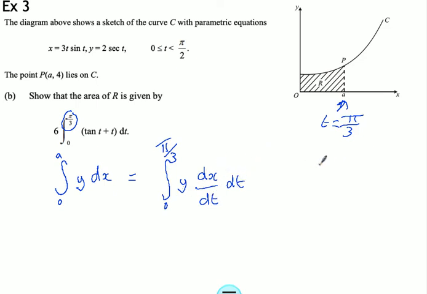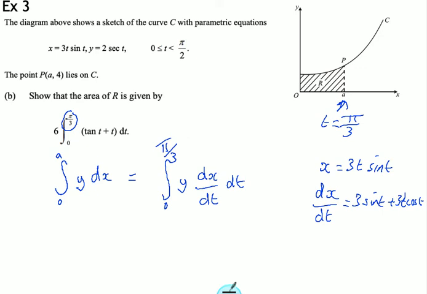So if we take x is 3t sine t, we can work out dx by dt. Now this is going to have to use the product rule, isn't it? Okay, so that's going to be 3 sine t add 3t cos t.